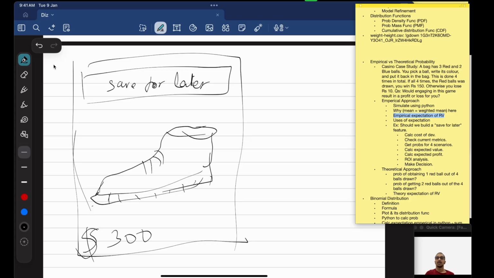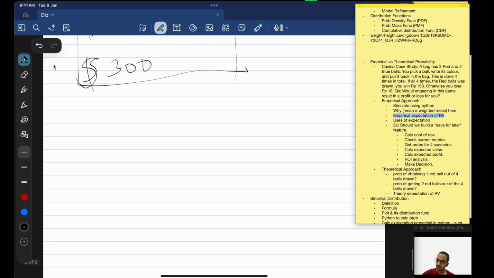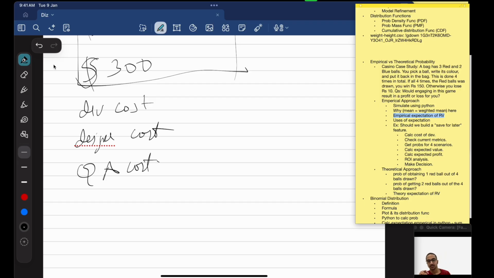Now, in every tech company, obviously, when you want to implement a feature, first of all, there'll be the dev cost, right? The developer cost will be there, then the designer cost will be there, and then the QA cost will also be there because they have to test the feature.